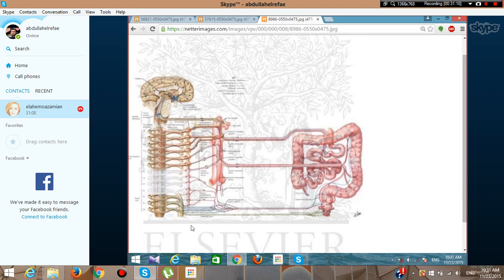Then what happens from there? We have gray, which is like post. It goes into prevertebral ganglion, which were celiac, superior mesenteric, aorticorenal, and inferior mesenteric. Then after that, through the arteries, it reaches the organs.